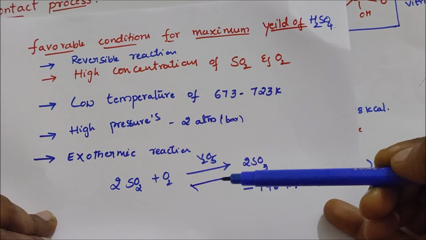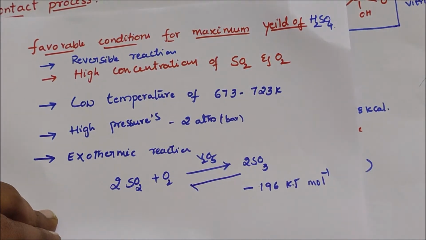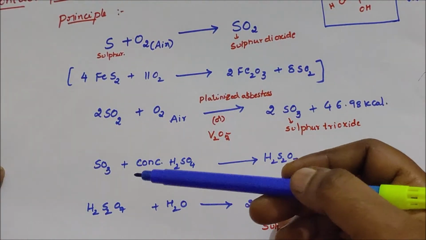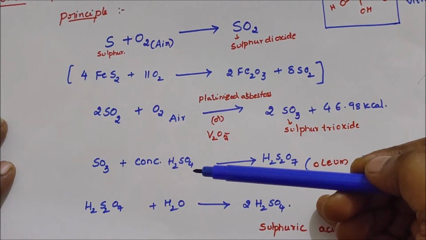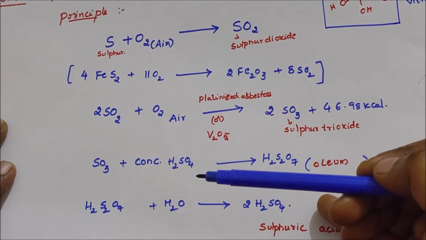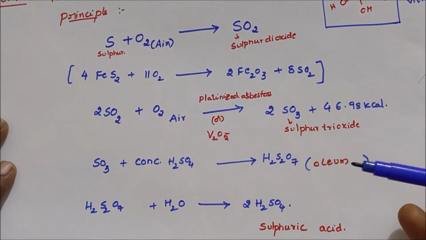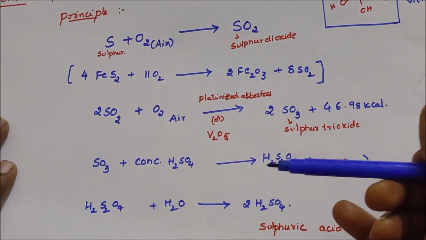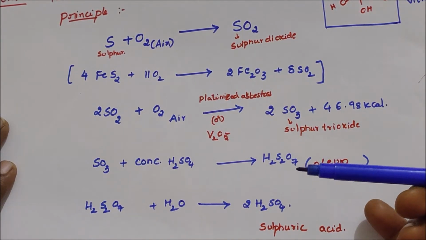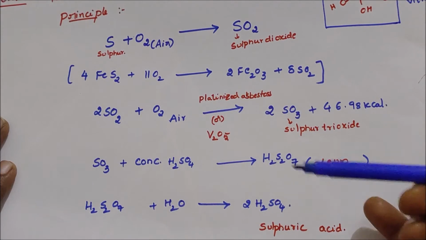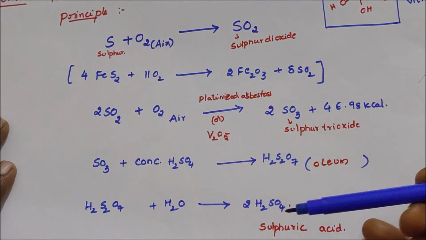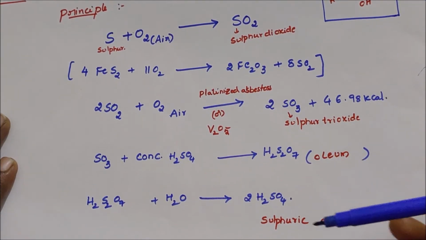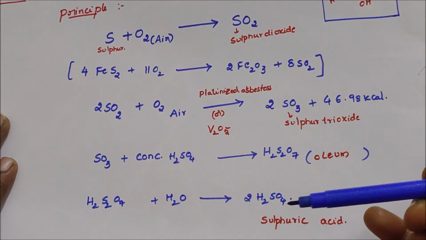This reaction is exothermic, and exothermic reactions are favored by low temperatures. Sulfur trioxide then reacts with concentrated sulfuric acid to give oleum. The oleum formula is H2S2O7. Oleum reacts with water to give 98% sulfuric acid.